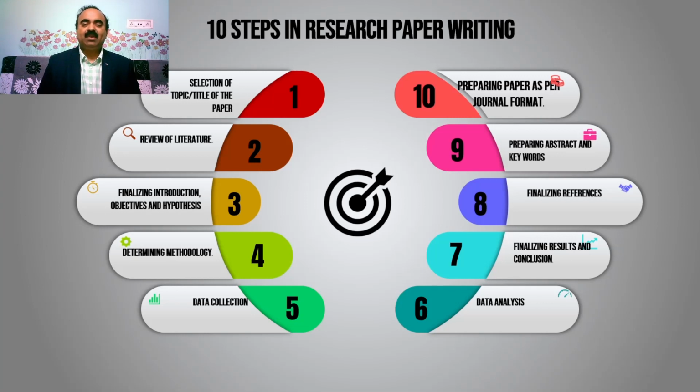The main purpose of doing review of literature is to identify the research gap in the area you have chosen for your research. And second aim is to get conceptual clarification. Third idea behind review of literature is that you will understand different methodologies that are there in different research papers.